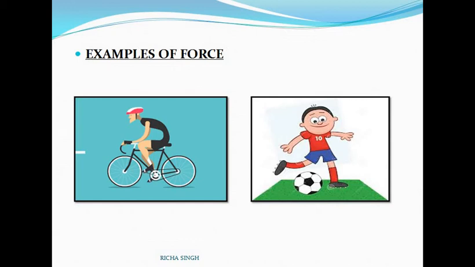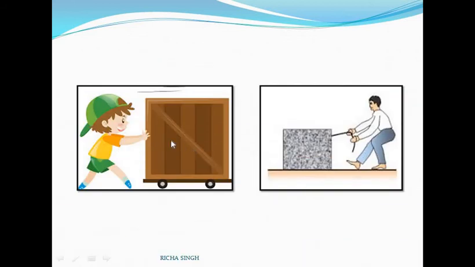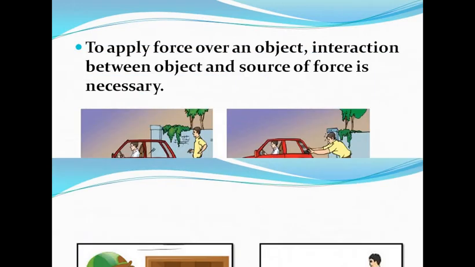Here the ball is not moving unless and until the force is applied by the person. Here also the boy is pushing the box and here it is pulling to move. They both are stationary. Stationary means they both are at rest. They are not moving. But when the force is applied, then they will start to move. So force can be either a push or a pull.